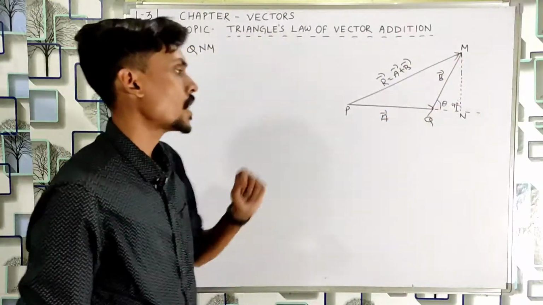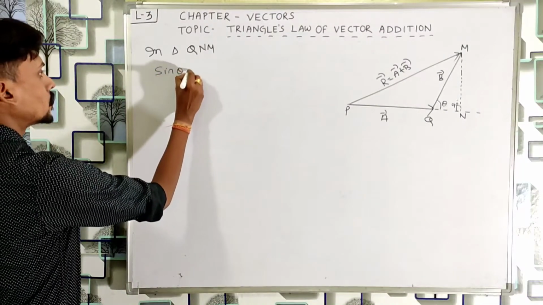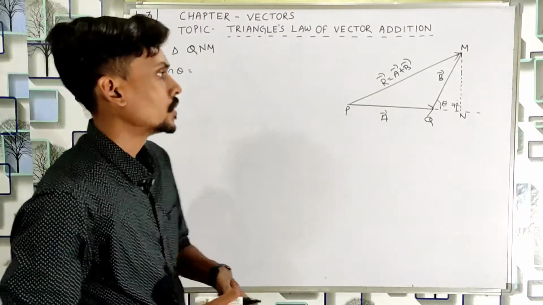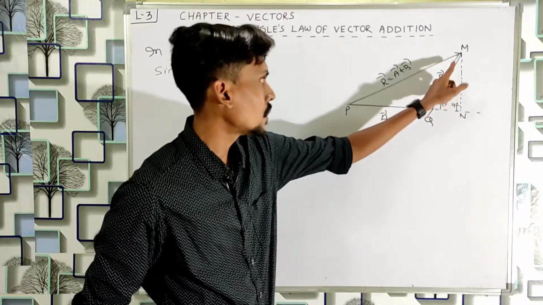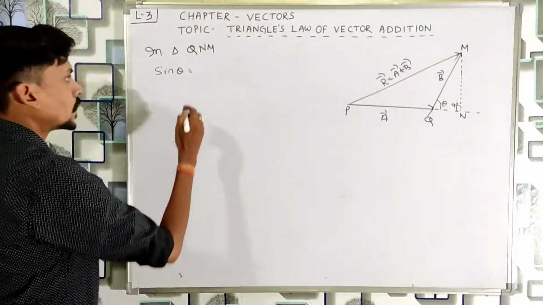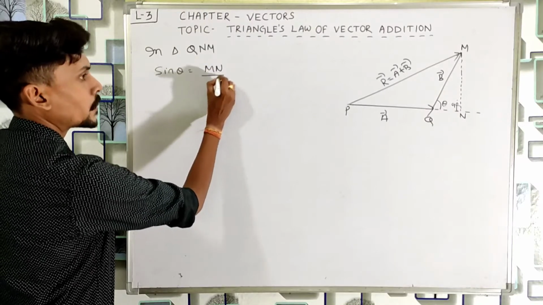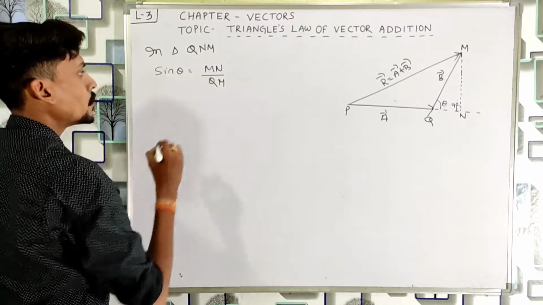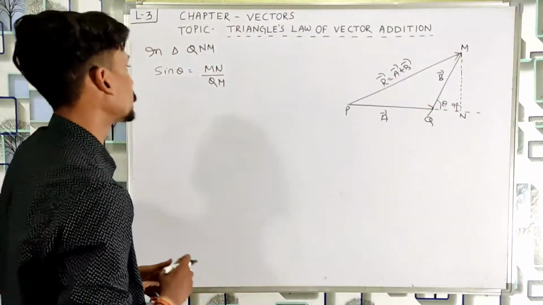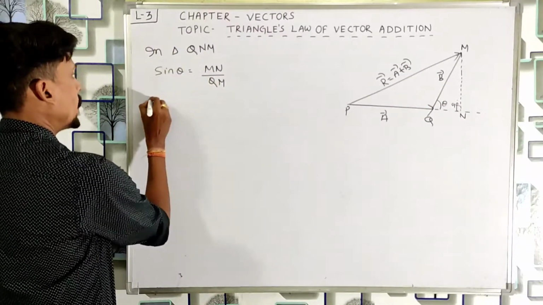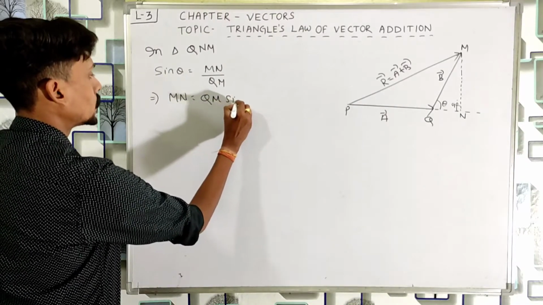QNM is a right angle triangle. So in that triangle, sine theta will be how much? This is theta, this is perpendicular, this is base, and this is hypotenuse. So sine theta is equal to P by H, means MN divided by QM. That implies MN is equal to QM sine theta.